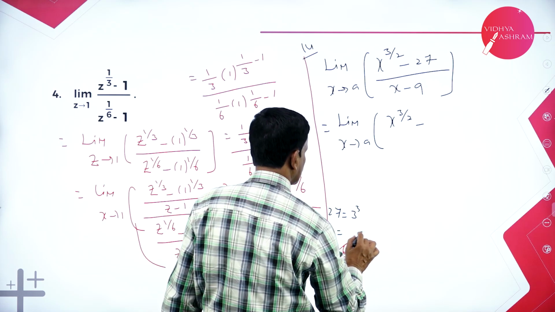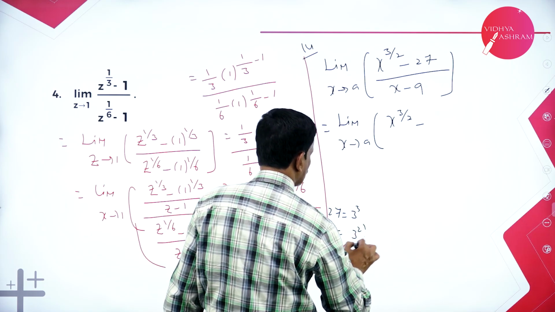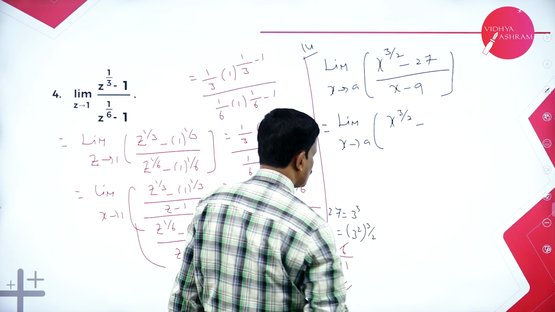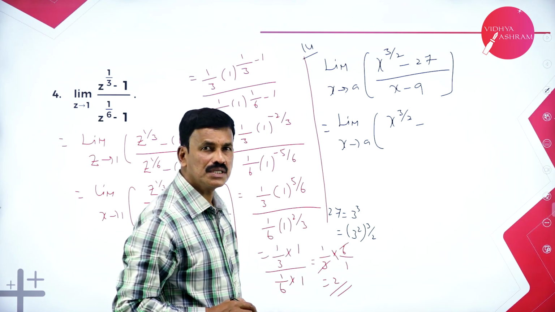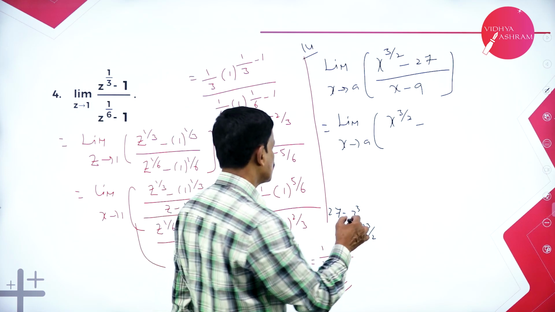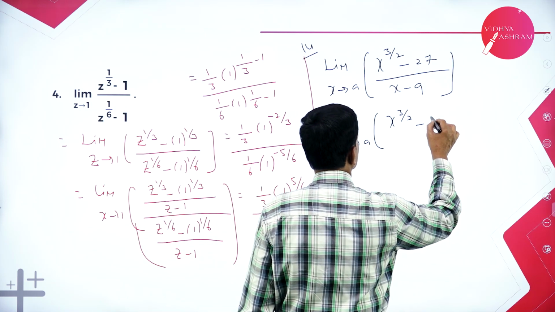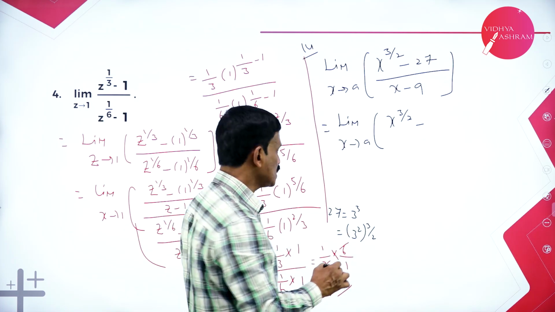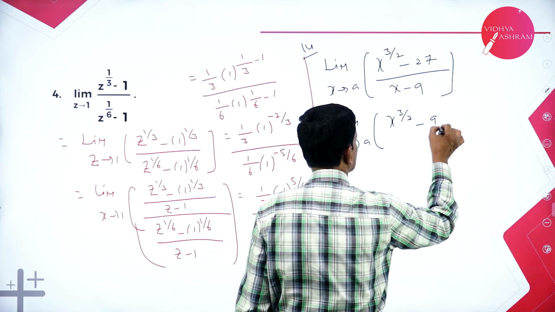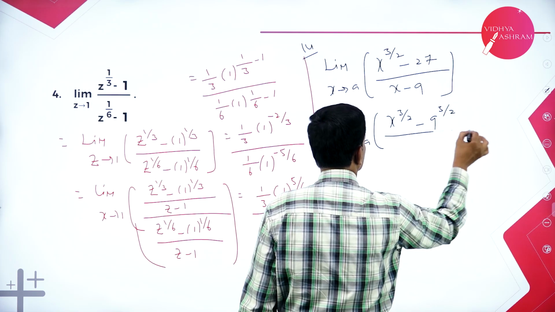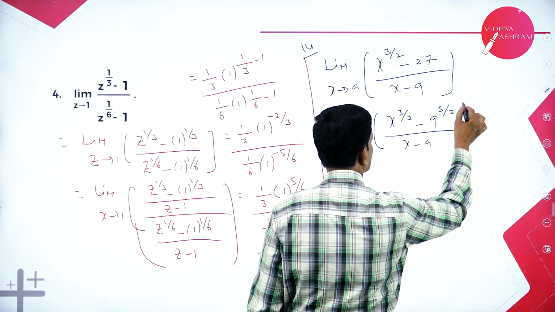This can also be written as 3 square whole to the power of 3 by 2. So 2 gets cancelled. You will get 3 cube, 3 3s are 9, 3 9s are 27. What is 3 square? 3 square is nothing but 9, so this can be written as 9 to the power of 3 by 2. So the expression is x to the power of 3 by 2 minus 9 to the power of 3 by 2 divided by x minus 9.